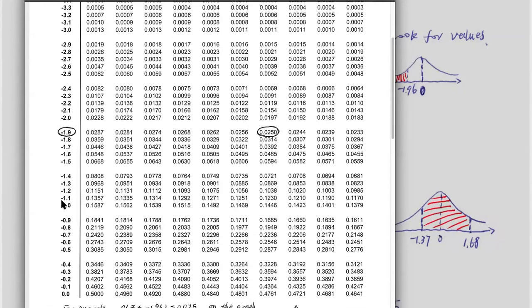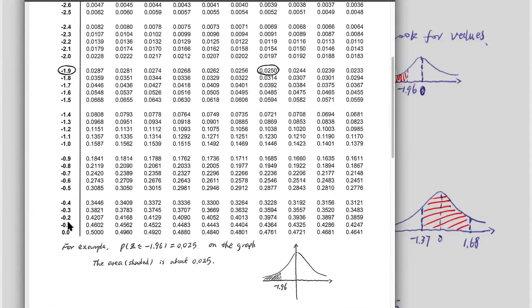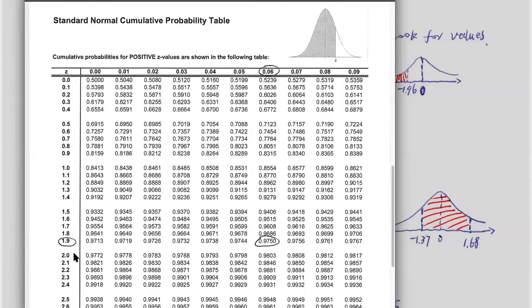Remember, we are looking for 2.06. The first page is always negative, no good, so we have to go to the next page here, 2.0. We are looking for 2.06, and 2.0 is this row here. And where's the 6? 2.06 is this one here, corresponding to the 0.06 here.